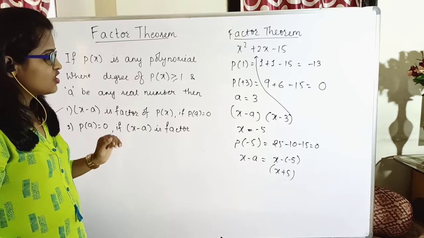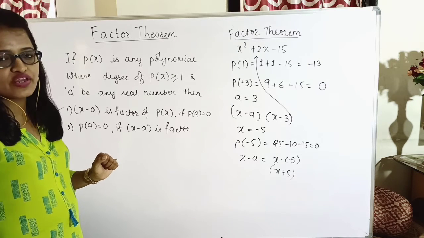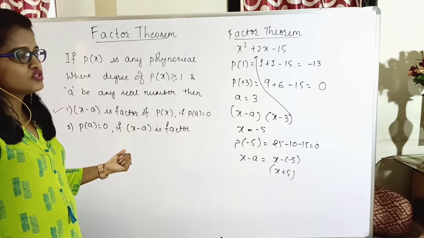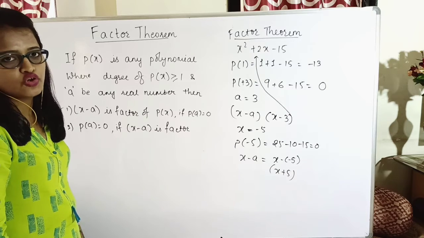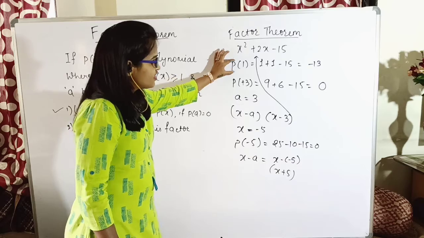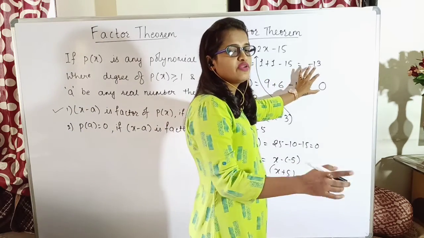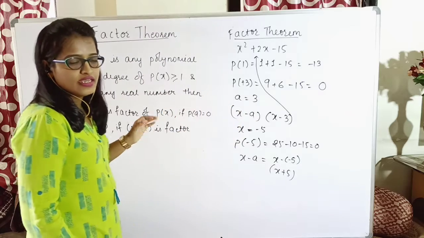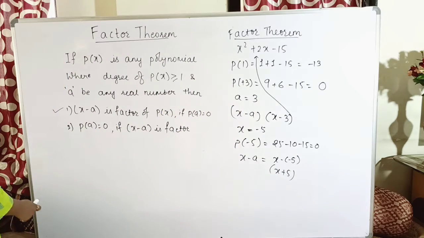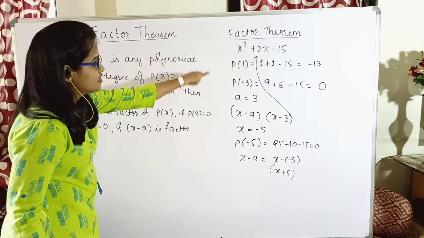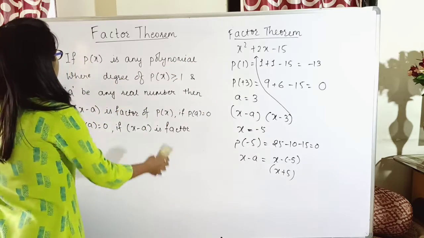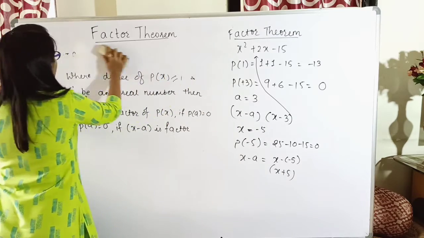Okay, so this is how you have to use the factor theorem whenever you have to find the factors of the given polynomial. Taking different values of x, wherever you are getting it as 0, it means that will be the factor. Okay, now what is the second type of question they ask? Here the equation was given and factors had to be found.